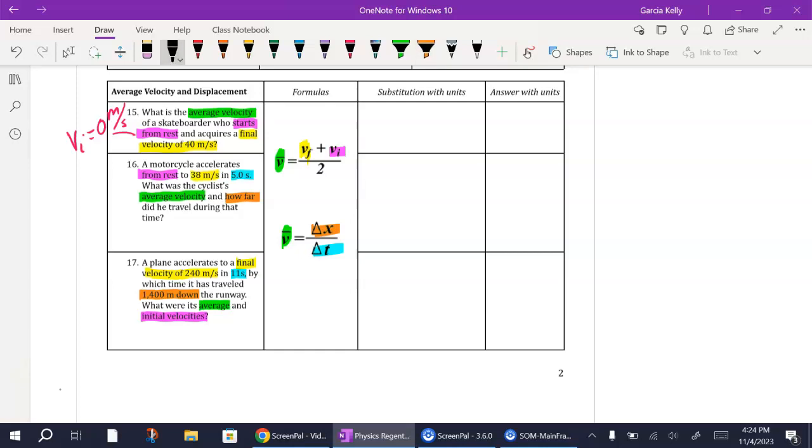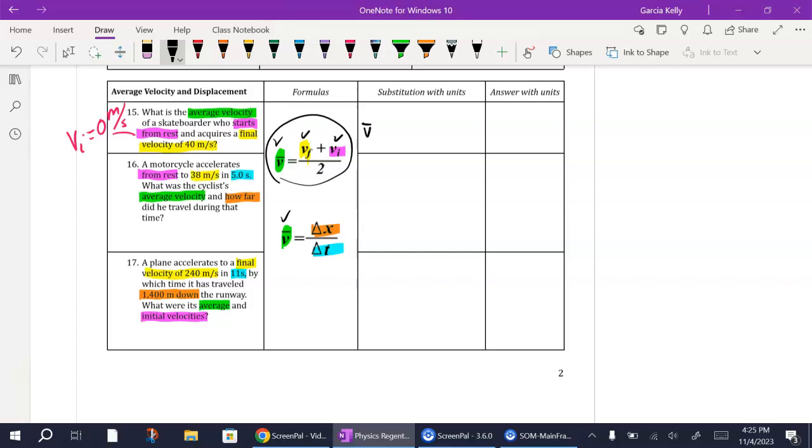So in the first problem, they're asking us for average velocity. You'll notice I have two formulas. Which one am I going to use? I'm looking for green. Both of these have green. And it looks like I have pink and yellow. So I have everything for this formula, so that's what I'm going to use.